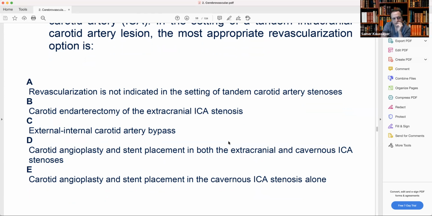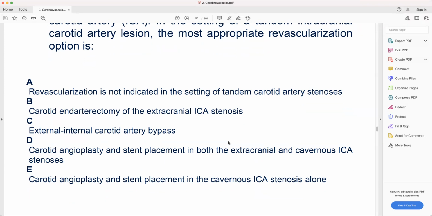Carotid angioplasty and stent placement in both the extracranial and cavernous ICA stenosis? No. Carotid angioplasty and stent placement in the cavernous ICA stenosis alone? Also no.